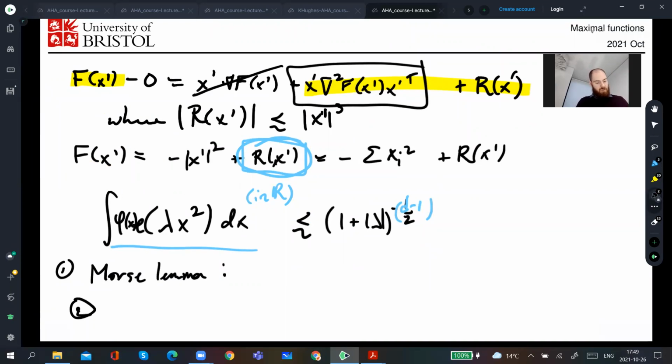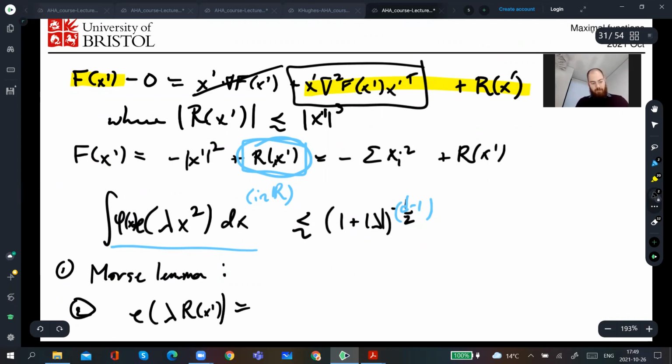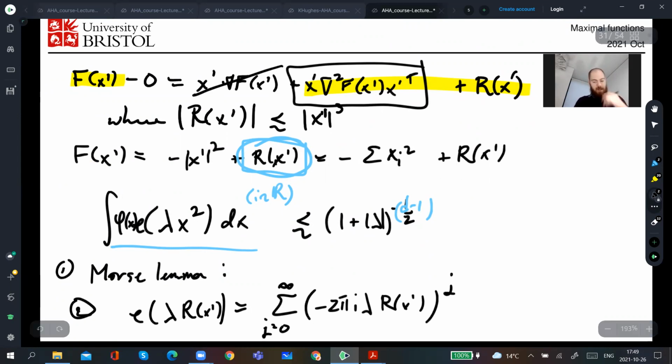Cool. The second way to handle this is actually to write e of lambda R x prime as a Taylor series. So I've got a sum over j equals 0 to infinity of minus 2 pi i lambda R x prime, all to the j, divided by j factorial. The main term to focus on is what's happening here.